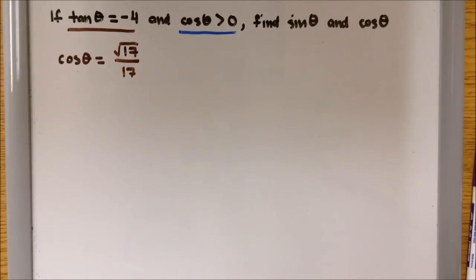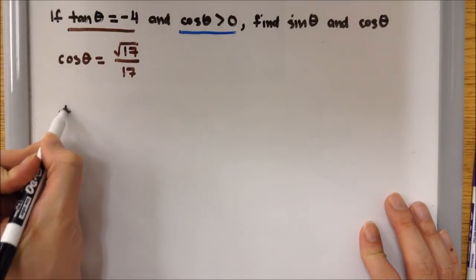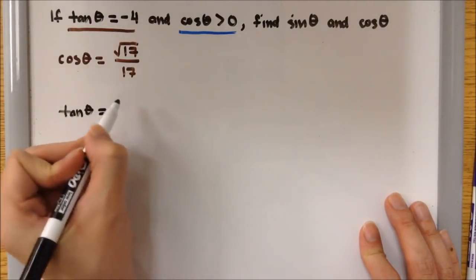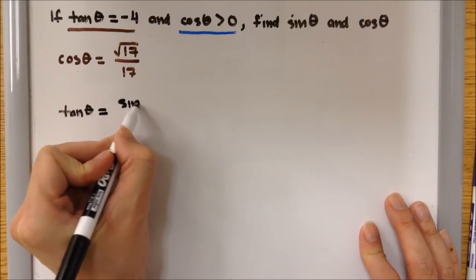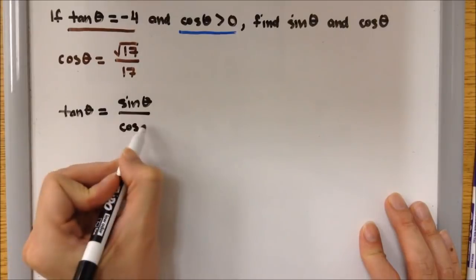So I'm going to write the quotient identity. So tangent theta is equal to sine theta over cosine theta.